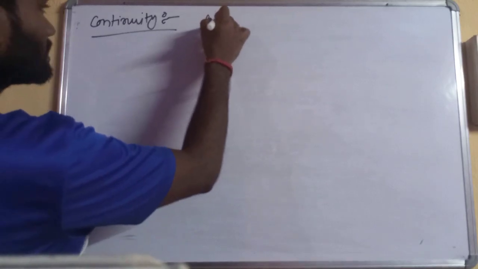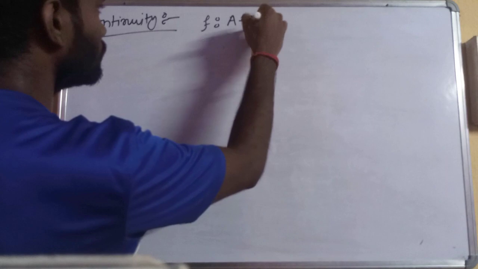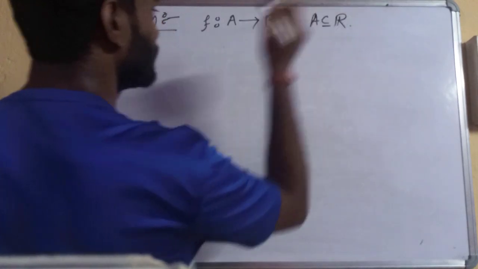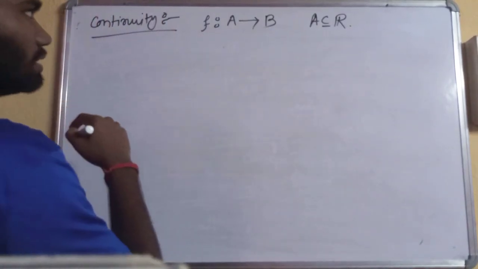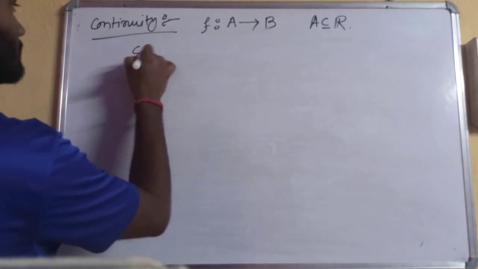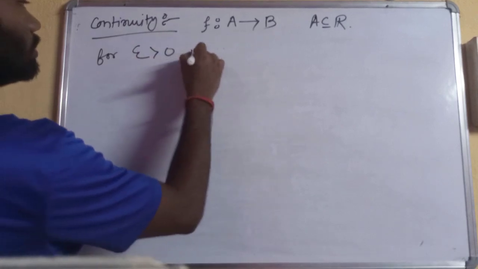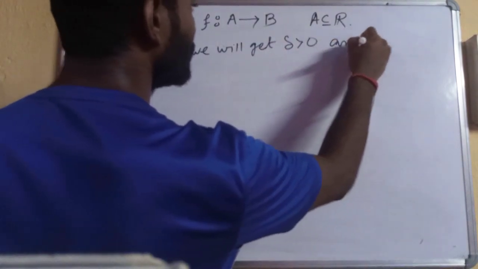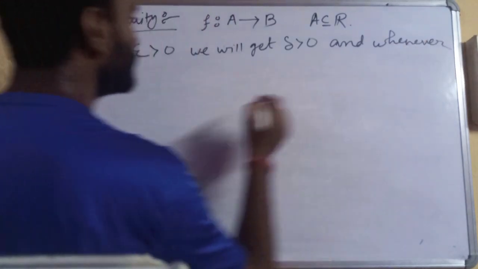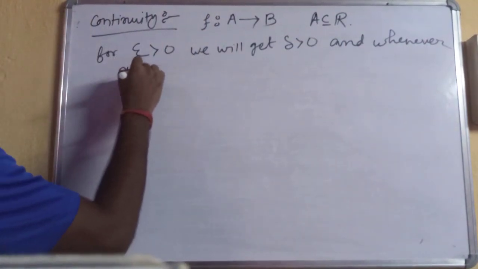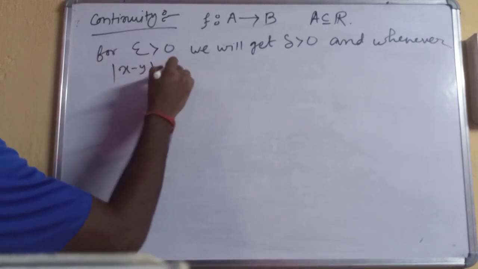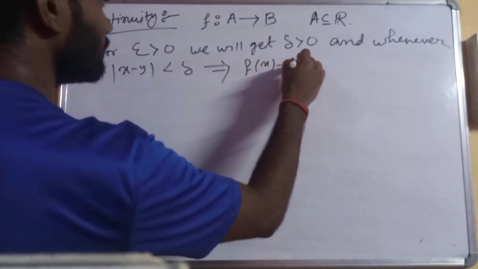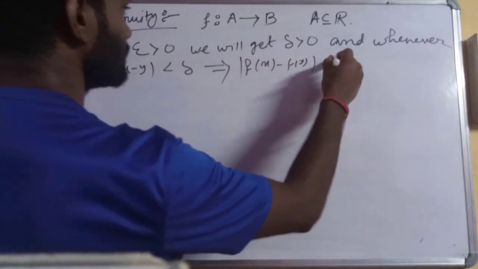If f is a function from A to B, where A is any subset of the real numbers R, then for epsilon greater than 0 we get delta greater than 0, and whenever modulus of x minus y is less than delta, it implies the modulus of f of x minus f of y is less than epsilon.